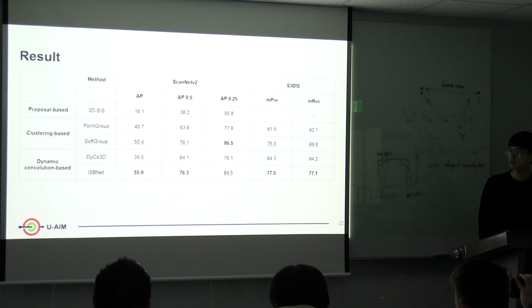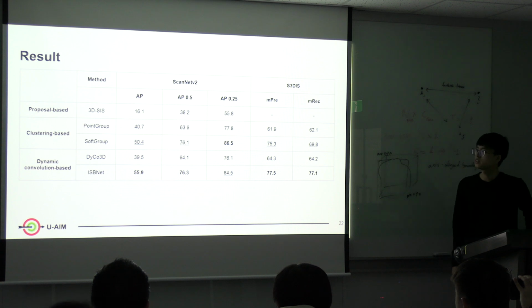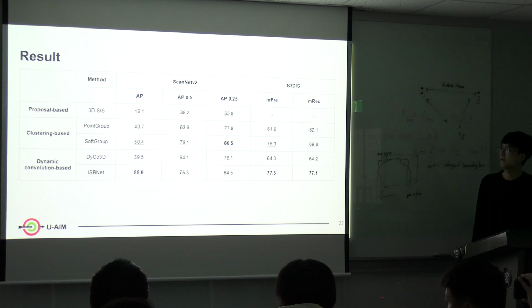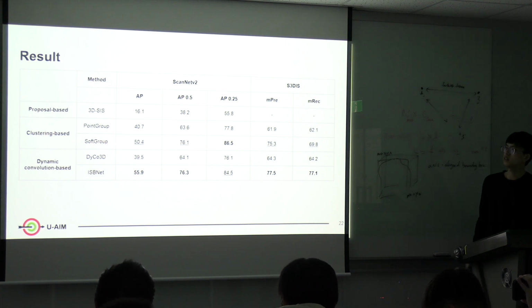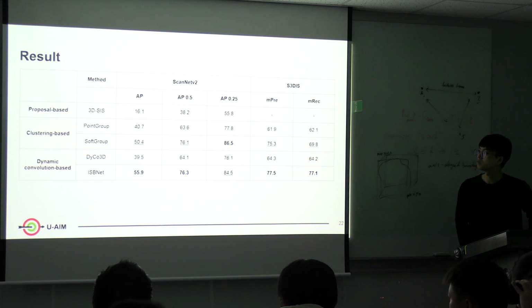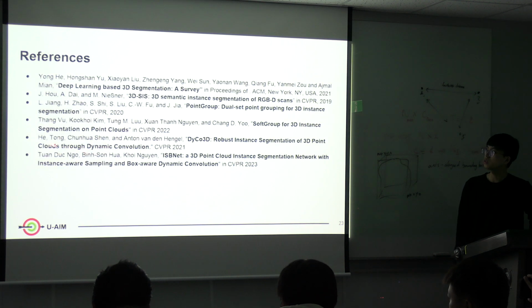I think the transformer approach is a good way, but it's hard to fine-tune the hyperparameters. But it's similar to 2D instance segmentation, so you can build on 2D instance segmentation and apply the technique to 3D instance segmentation. And this is the reference I use in this design.